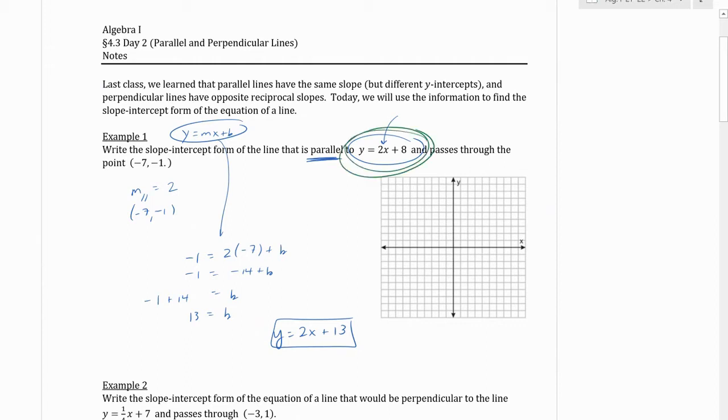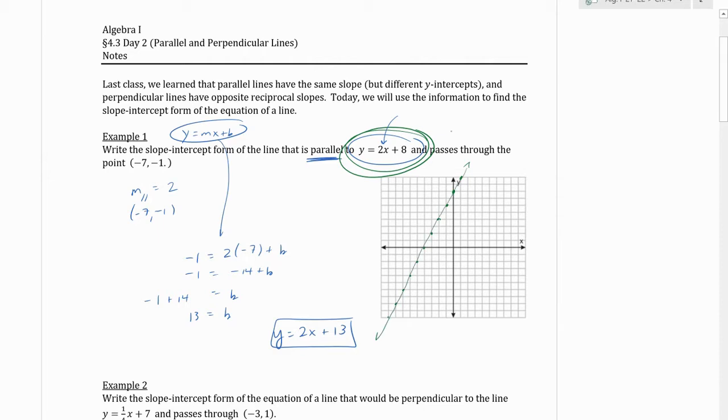The original line, 2x plus 8. So rise 2, run 1. That would look like this.